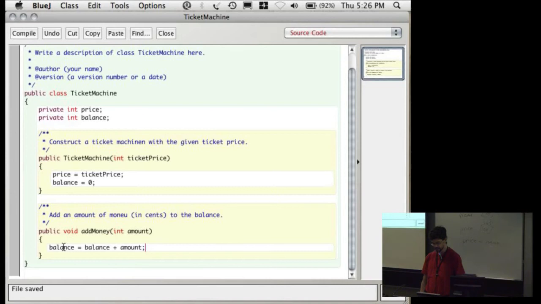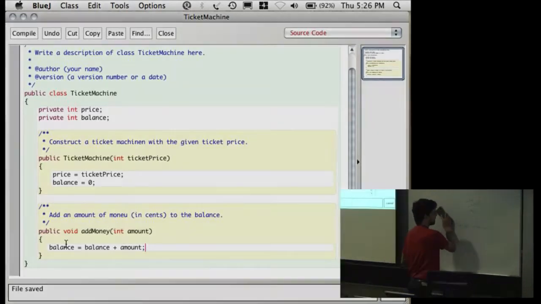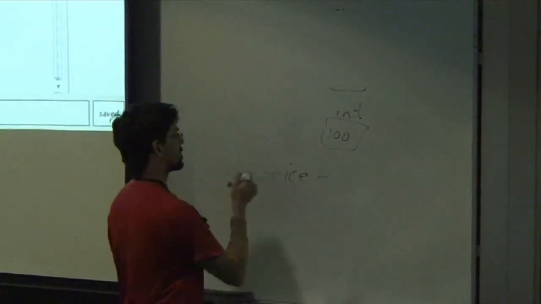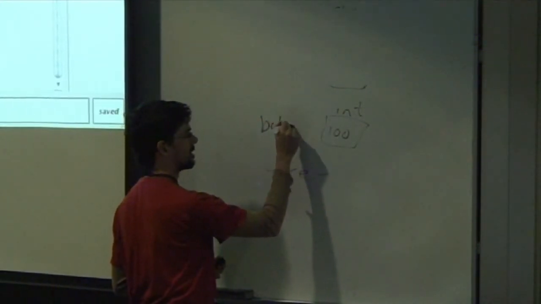Okay, so that might look a little bit weird because it kind of says balance is equal to balance plus a certain amount. But don't think of this as saying that these two things are equal. Think of this as an assignment, computing this value and sticking it into this box, right? So in terms of what we were doing here, we have this box marked balance.